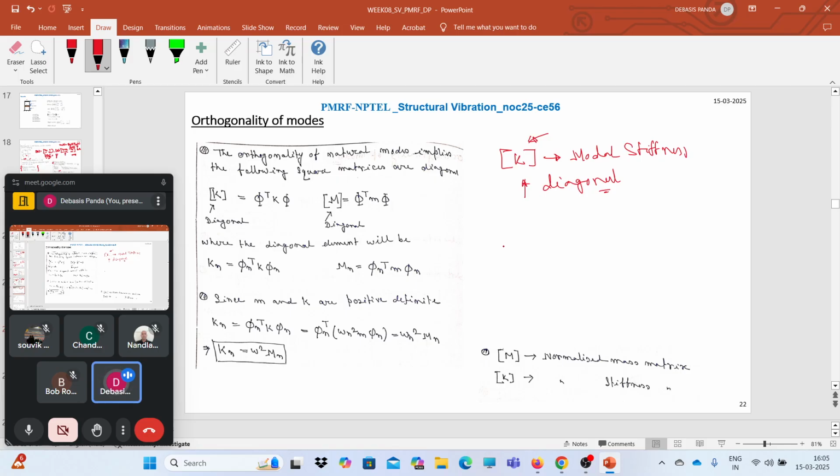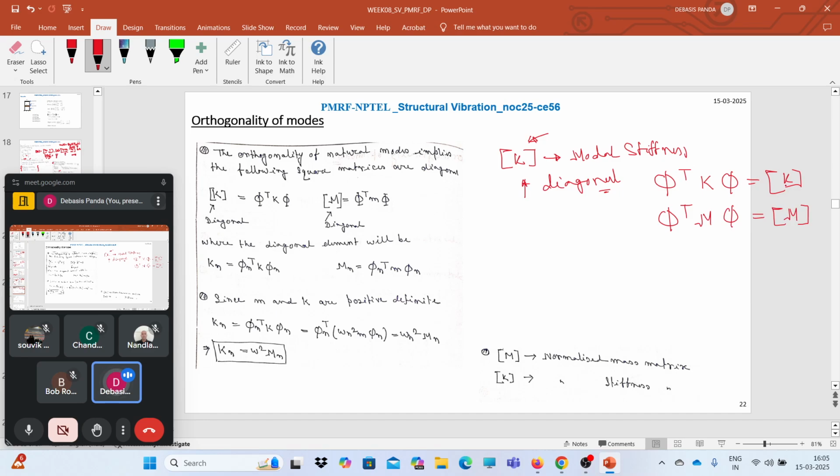Now after the modal operation, we see that the modal matrix will be diagonal. So what will it look like? That means phi transpose K phi is a diagonal matrix. And similarly, phi transpose M phi is again a diagonal mass matrix.